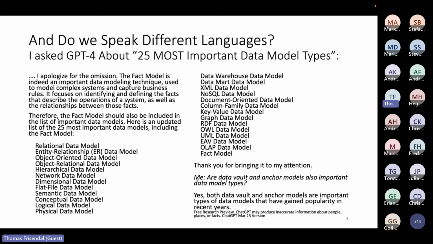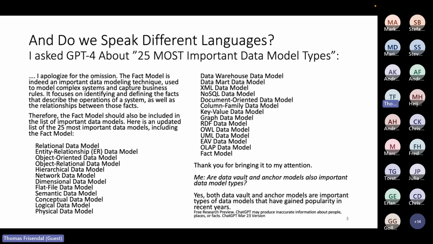So I started out, like everybody else these days, to ask GPT. Are there really many different languages in the data model business? So I asked, tell me about 25 most important data model types. And the first answer I got didn't have a fact model, and I think fact models are a very important kind of data models.